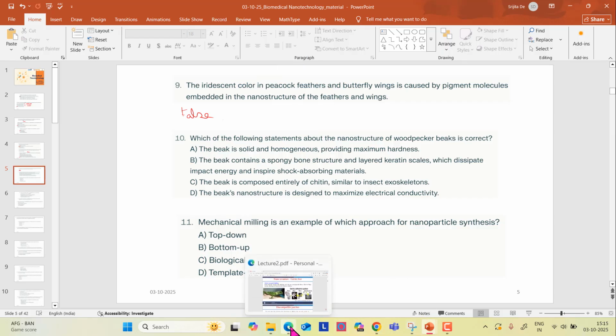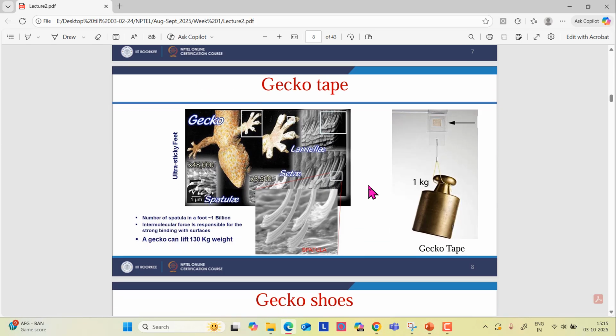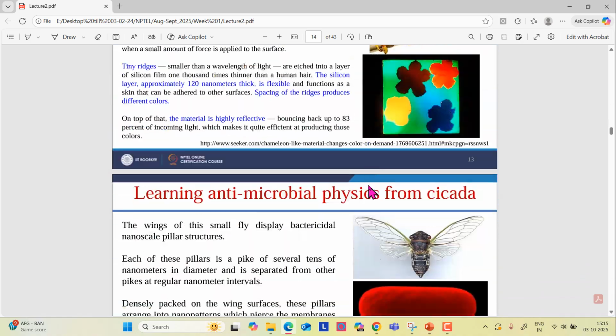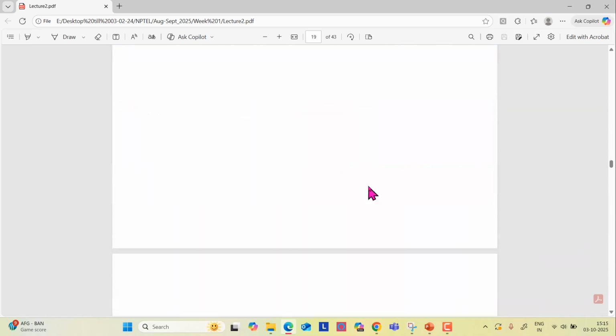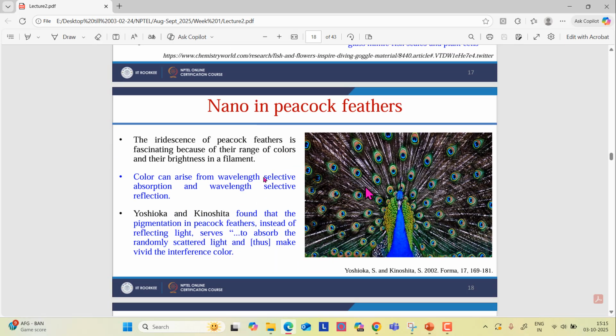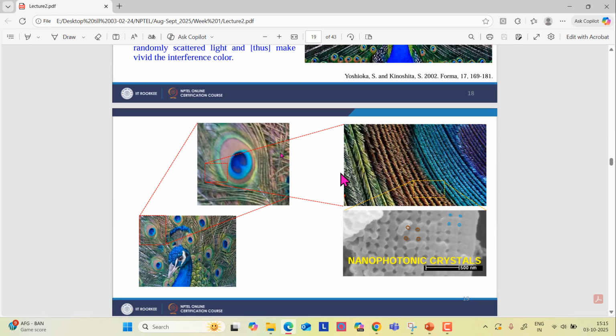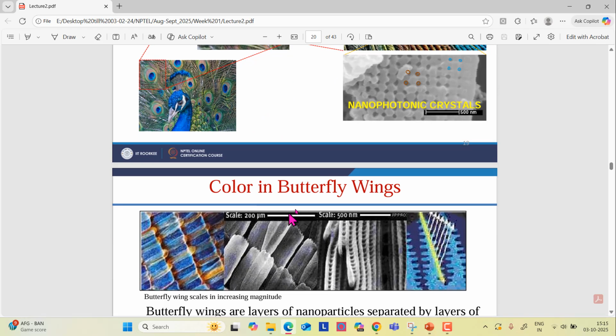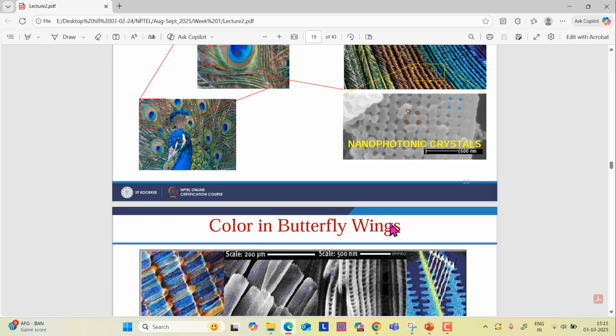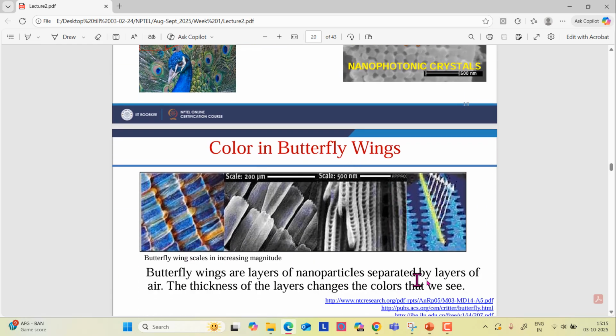So again, referring to the PDF or lecture, you can see this is the peacock feather. When we zoom in, you can see the nanostructure. Zoom in again, and you can see these nanophotonic crystals. The same goes for the butterfly wing.